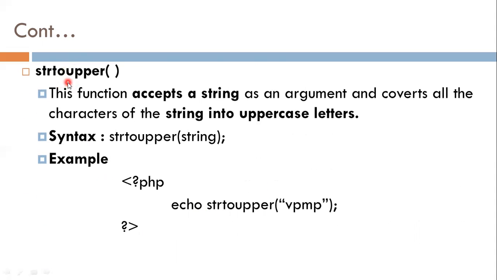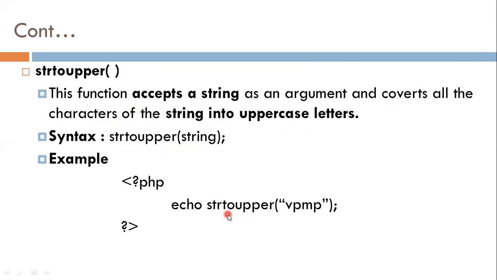Next is strtoupper. This function accepts a string as an argument and converts all characters of the string into uppercase letters. Same way, the syntax is similar to strtolower. So here I write the syntax for string to uppercase, strtoupper in brackets string, and the example is the same example.